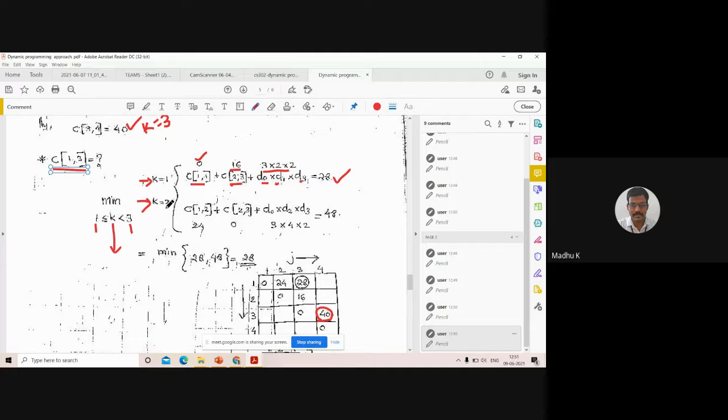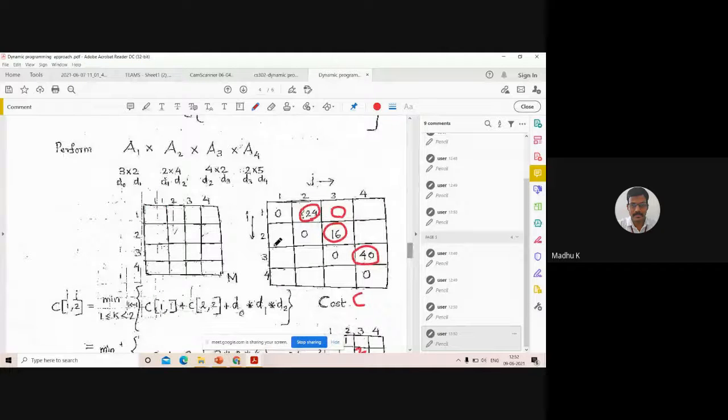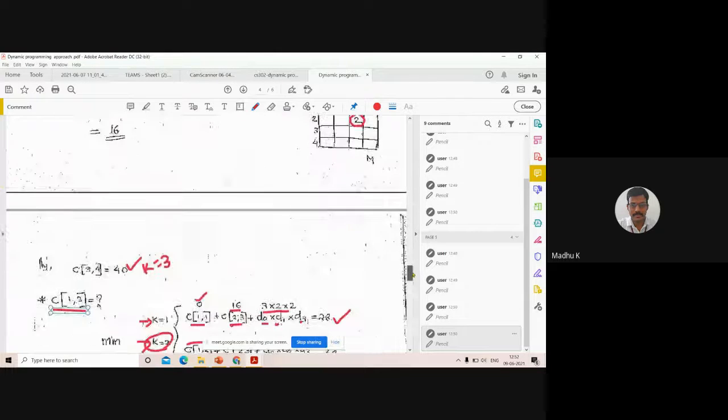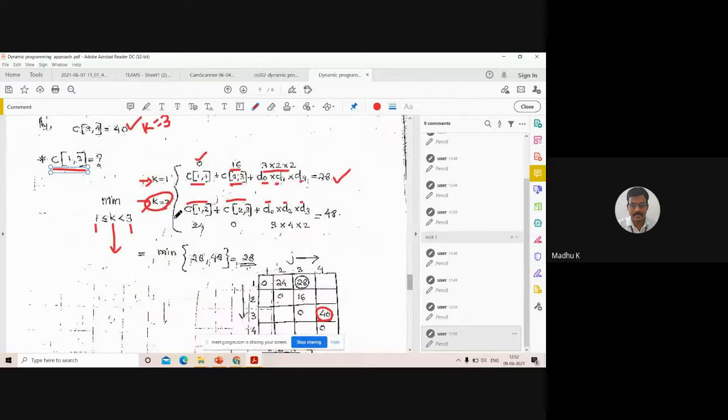Similarly, we will consider the case K is equal to 2. In this case, this will be the equation. D0, D2, D3 are already fixed terms. We want to find out what C of 1 2 is. We can check our table. C of 1 2 is 24. That problem is already solved and its value stored somewhere in that matrix, so we want to reuse that value.